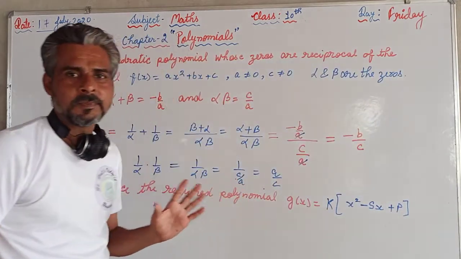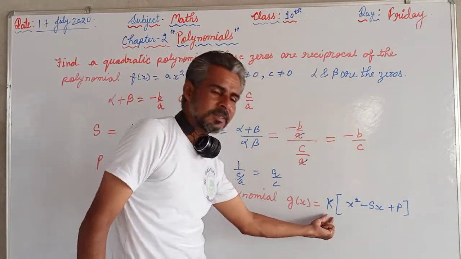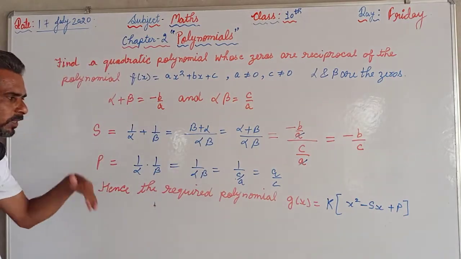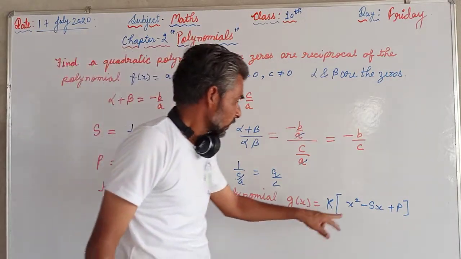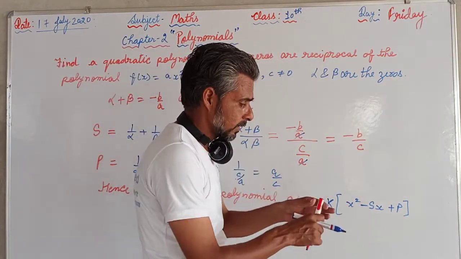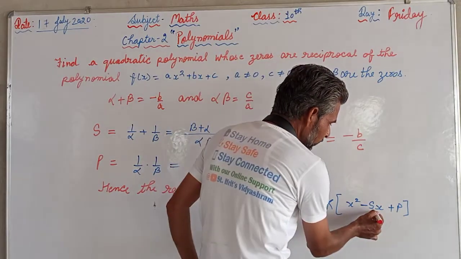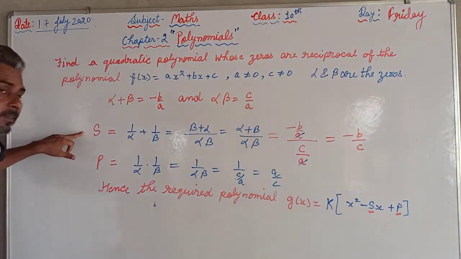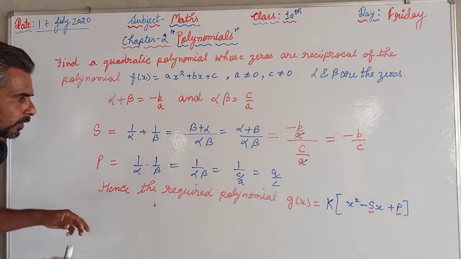Now some new terms are there. k is the constant. We are supposed to denote that in each and every question wherever we are supposed to construct a new polynomial. In x square minus s x plus p, s is the sum of the roots and p is the product of the roots.